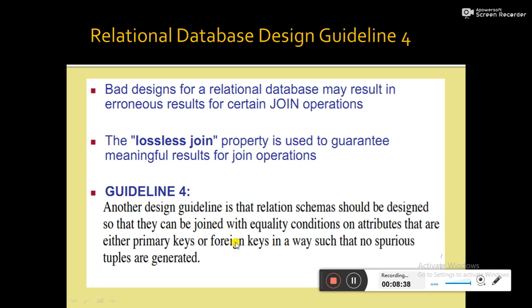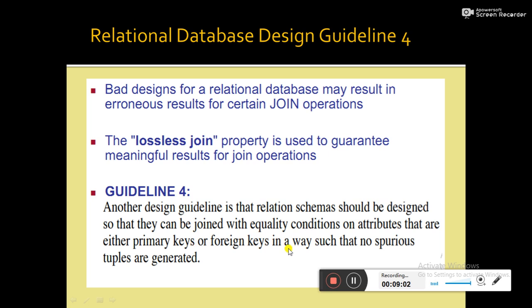While designing the relational schema, it should be designed in such a way that the relations can be joined, meaning a natural join operation between the relations based on equality condition on attributes that are either primary key or foreign key.